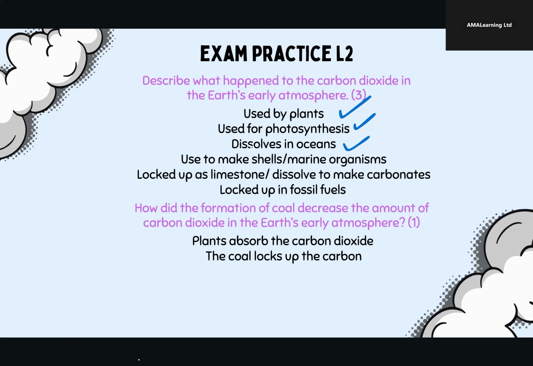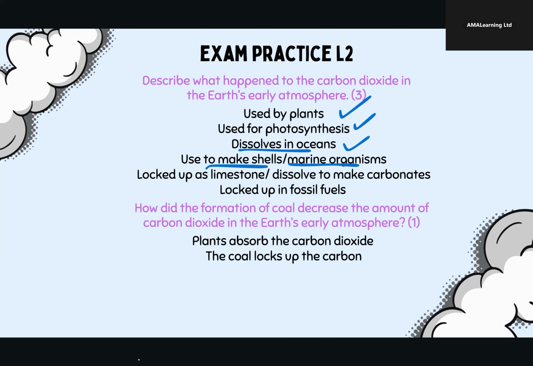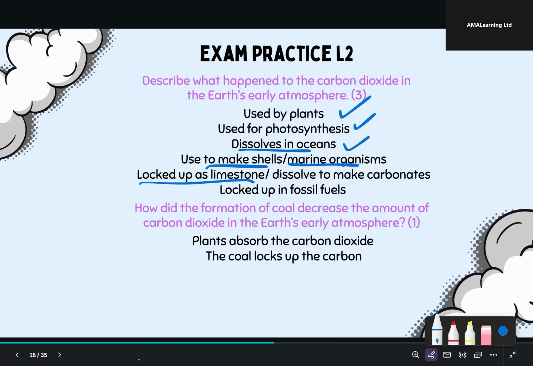So the carbon dioxide dissolved in the oceans was used to make the shells of marine organisms. Some of it got locked up as limestone to make carbonates, and some of it got locked up in fossil fuels.